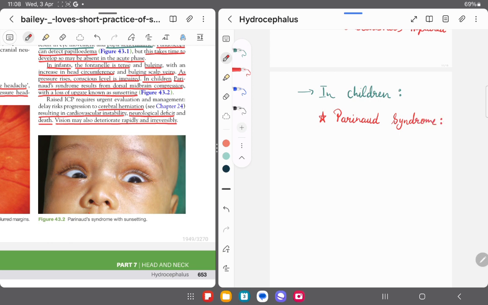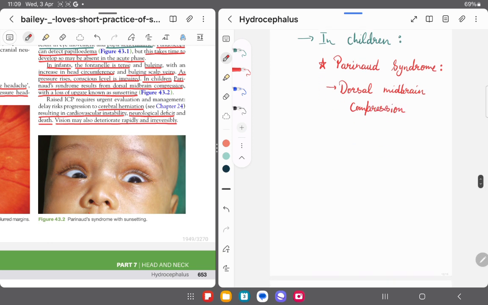What happens in Parinaud syndrome is dorsal midbrain compression, which results in loss of upgaze, which is also called sunsetting.